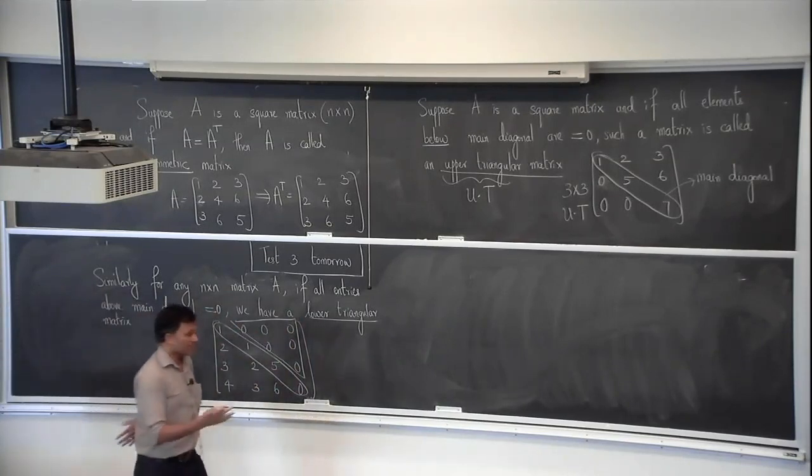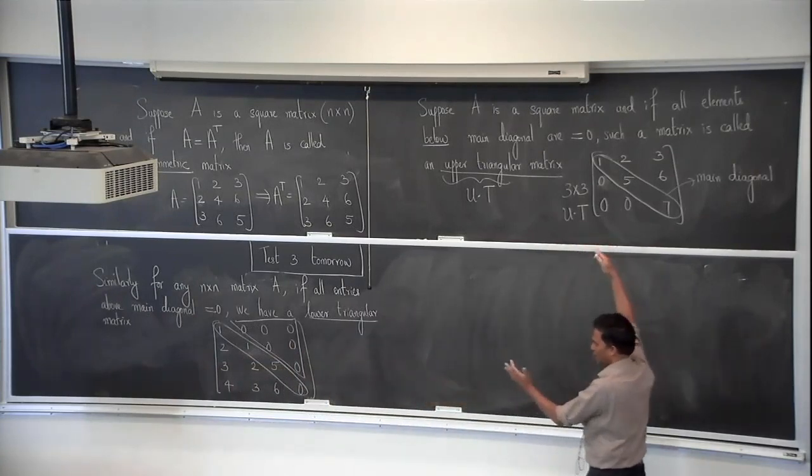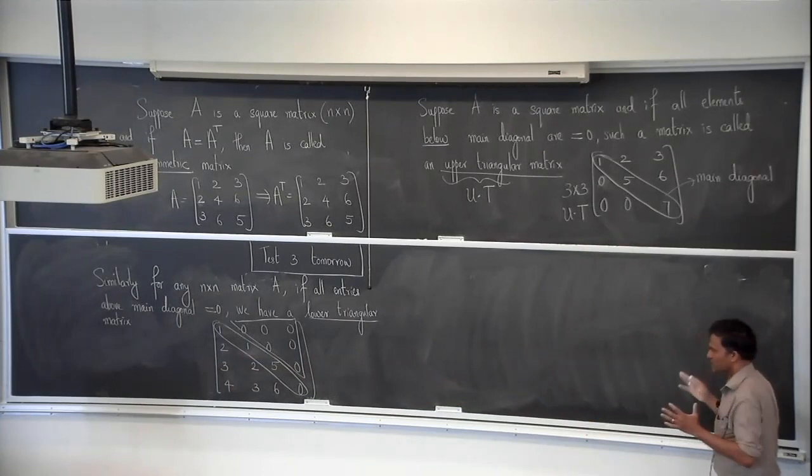So when somebody says, I have a triangular matrix, it could be upper or lower triangular. You have to be clear about which part is equal to 0 or not.